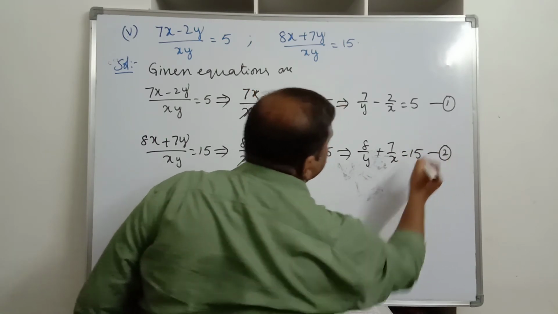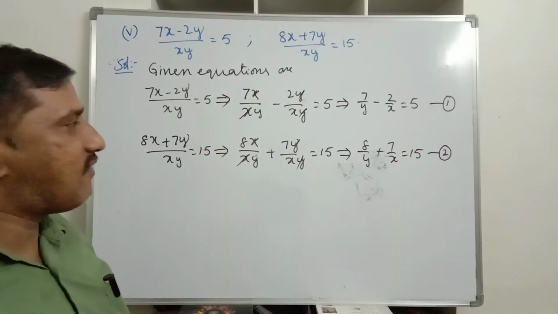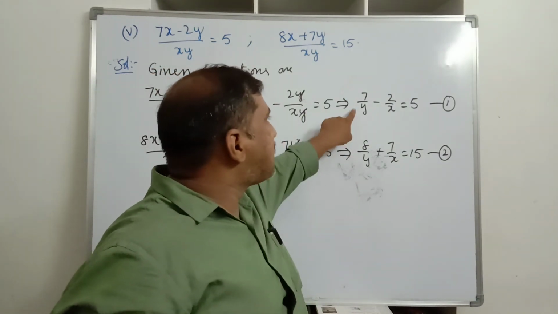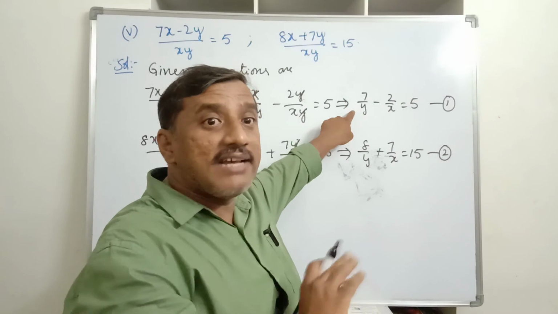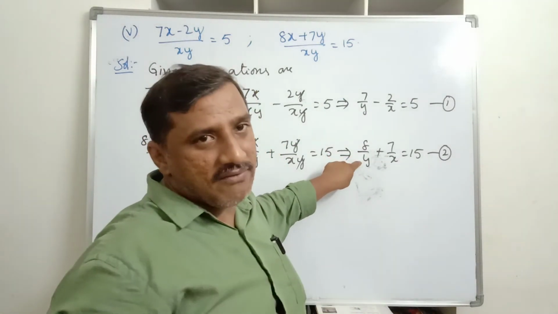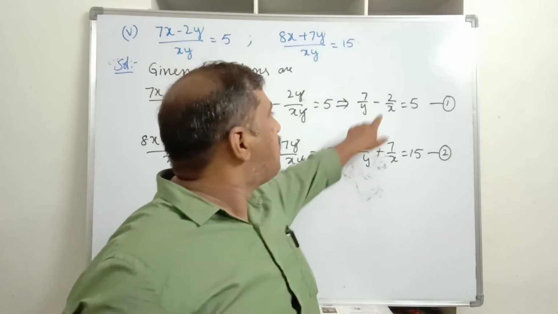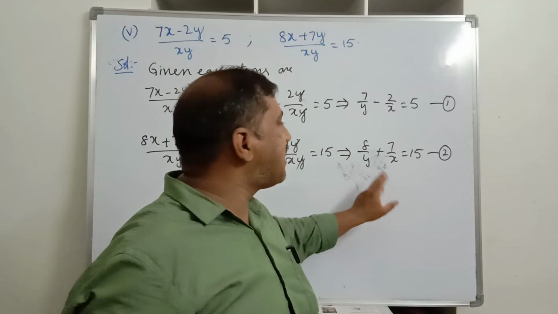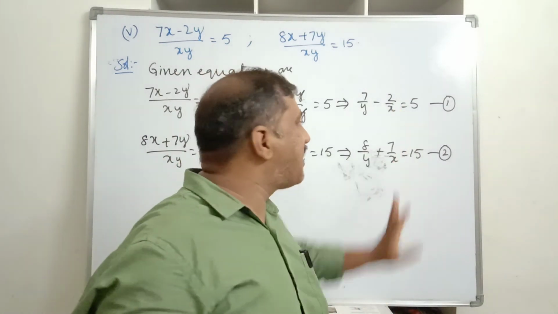Now take this as equation 2. Now we observe here 7 by y, 8 by y. 7 by y can be written as 7 into 1 by y. 8 by y can be written as 8 into 1 by y. So 1 by y is common. Similarly 2 by x means 2 into 1 by x. 7 by x means 7 into 1 by x. Again 1 by x is common.